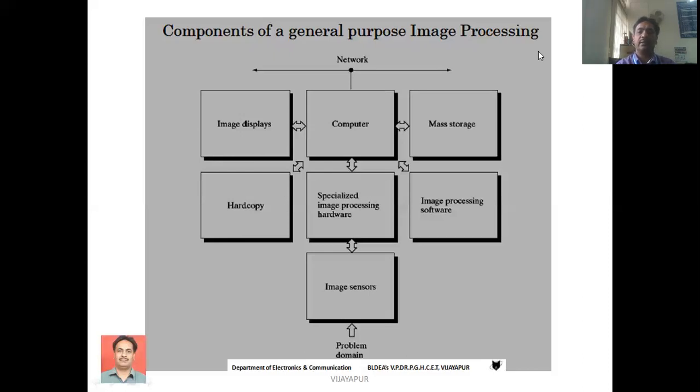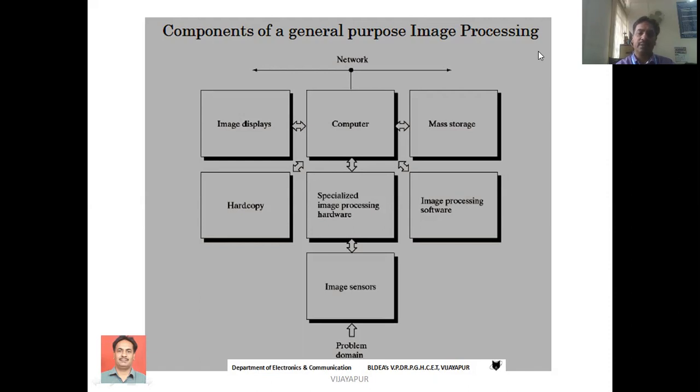These image sensors consist of two parts. One is a physical device, which will sense the energy radiated by the object, and the second is called the digitizer. The digitizer is used to convert an analog image into a digital image. Please try to understand. It consists of two parts: a physical device, which is used to collect the energy radiated by the object.